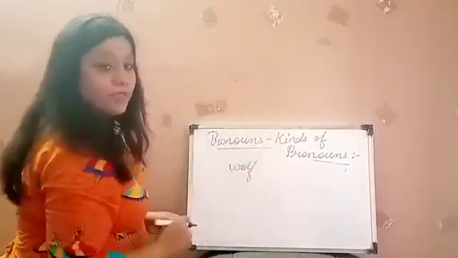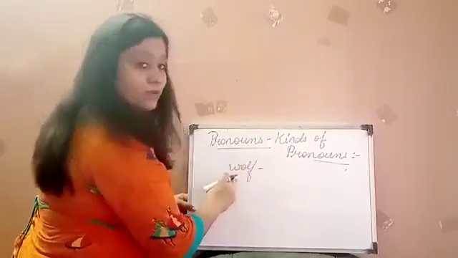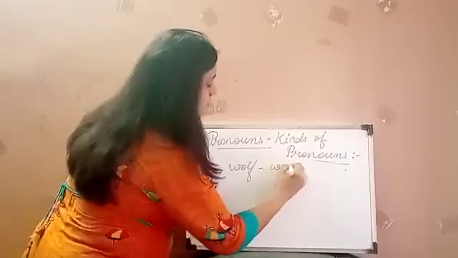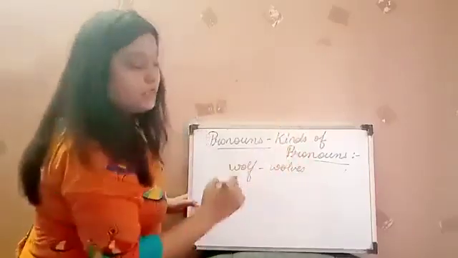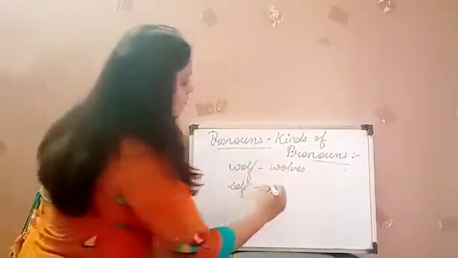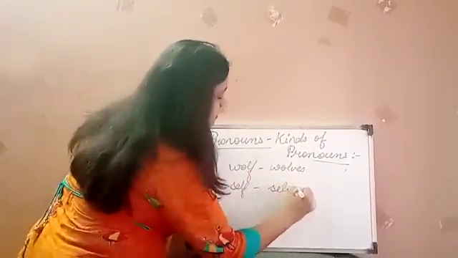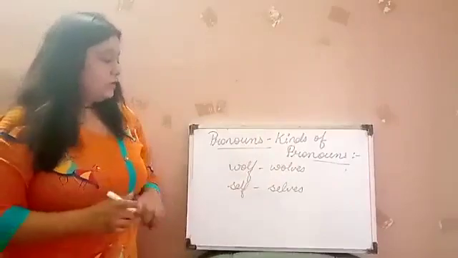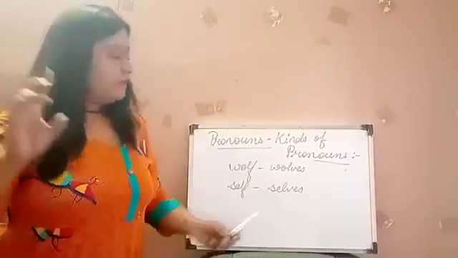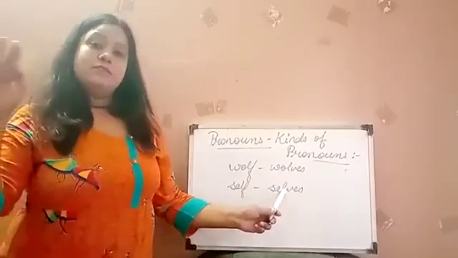Wolf. F singular, wolf भेड़िया singular, इसको आप प्लूरल में कैसे चेंज करोगे? Wolves. Similarly self, इसको प्लूरल में कैसे चेंज करेंगे? Selves. So here for the singular, myself, herself, himself, itself. For the plurals, themselves, ourselves.